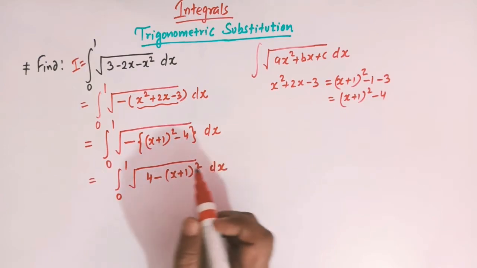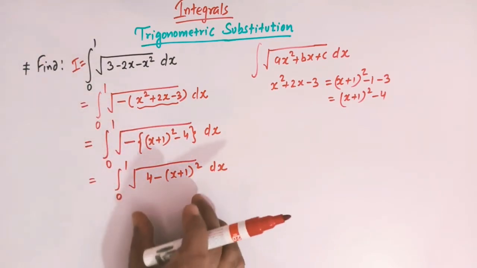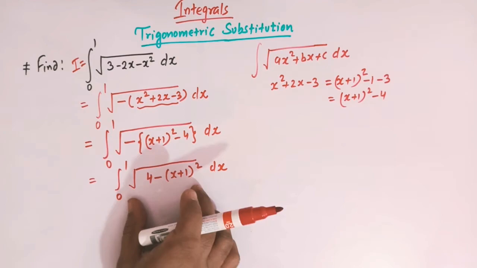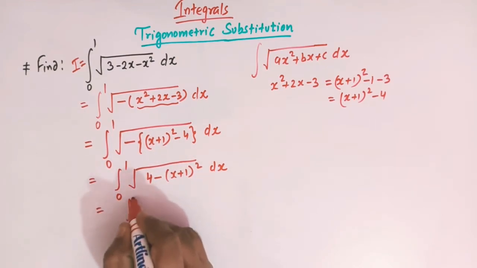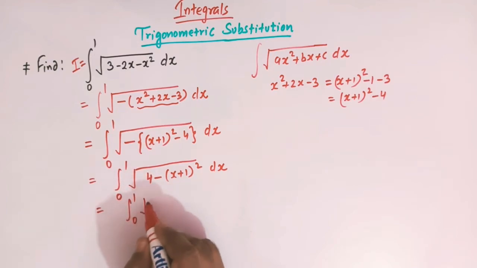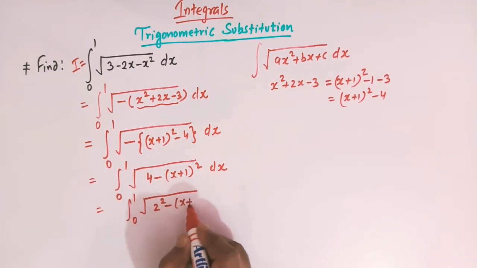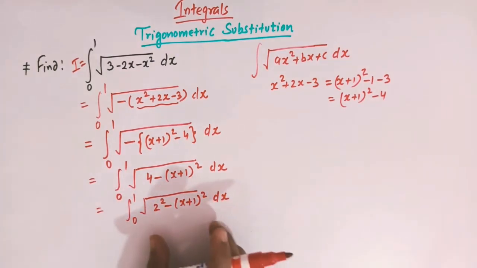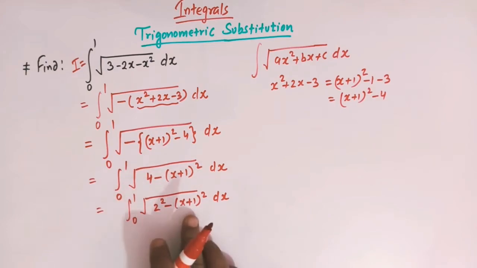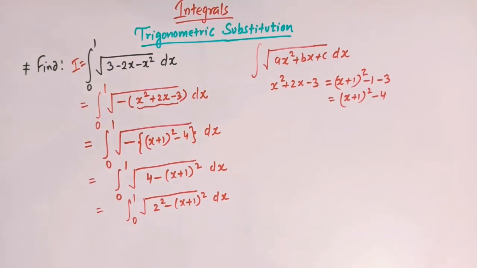So now this integral is converted into this integral, right? And here we see that we can also write this 4 as 2 square minus x plus 1 whole square, right? Okay, now in order to proceed further, we'll make use of the trigonometric substitution.